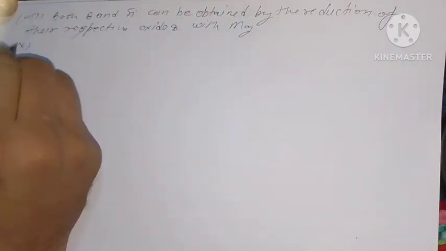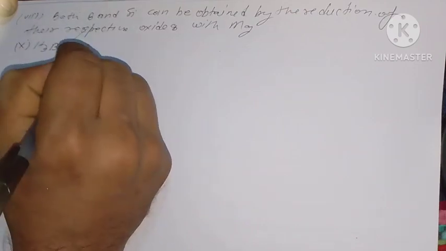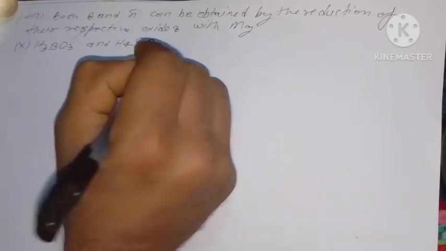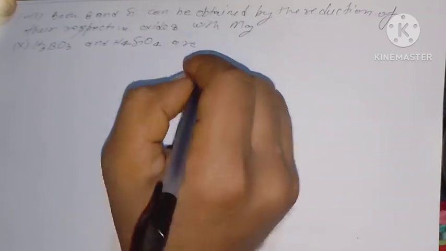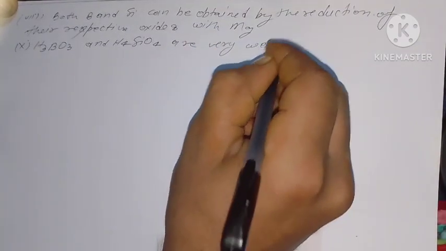Okay. Tenth point. H3BO3 and H4SiO4 are very weak acids.